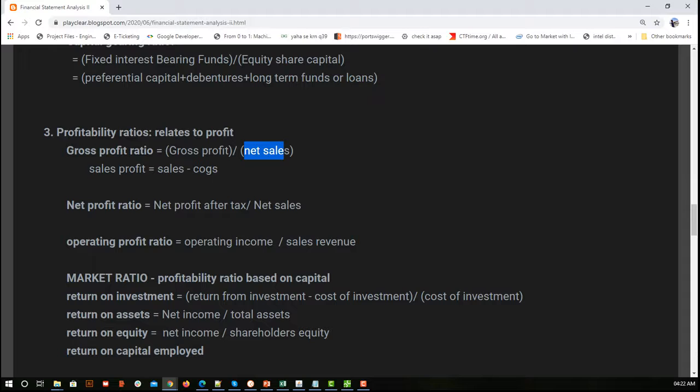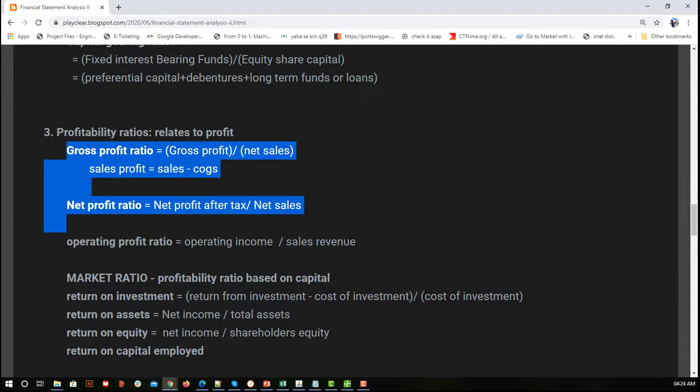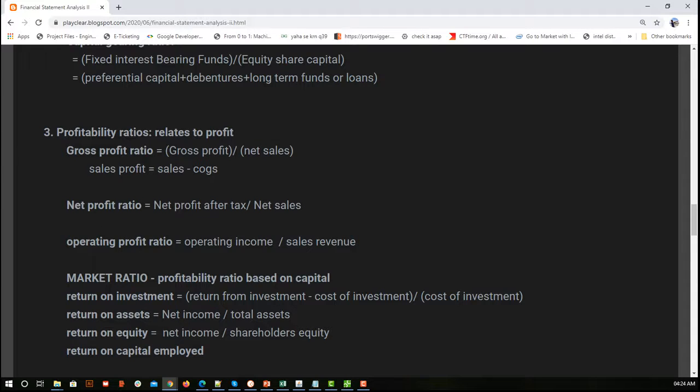Similarly, the net profit ratio. Here, after paying taxes, what is my net profit by net sales? You can see we are again talking about net sales, but here gross profit and there net profit. Now, after seeing these two ratios, what is the difference between gross profit and net profit? First we'll try to understand gross profit.